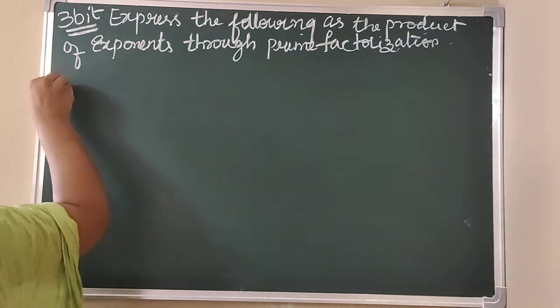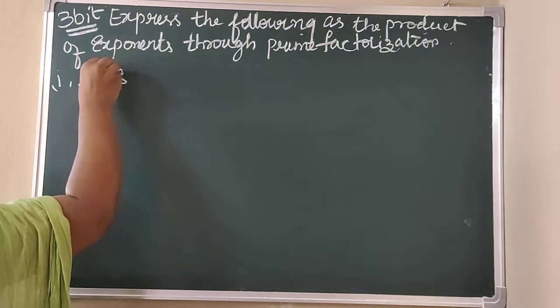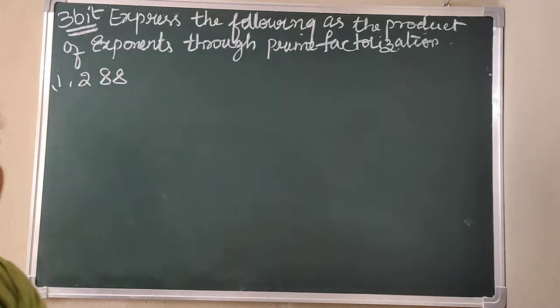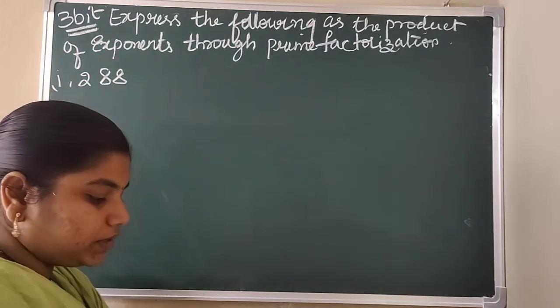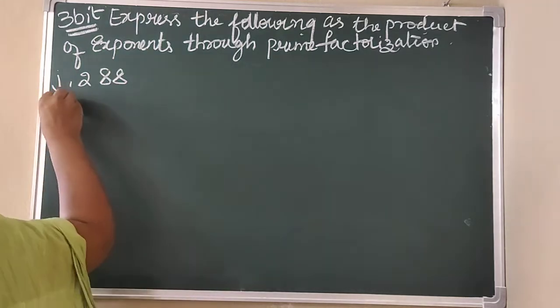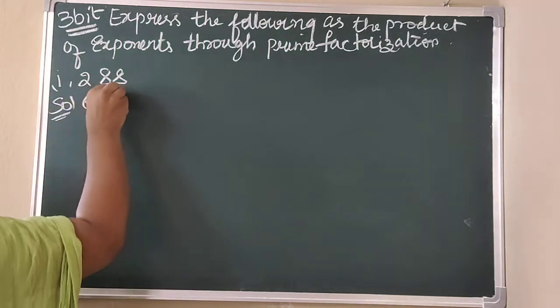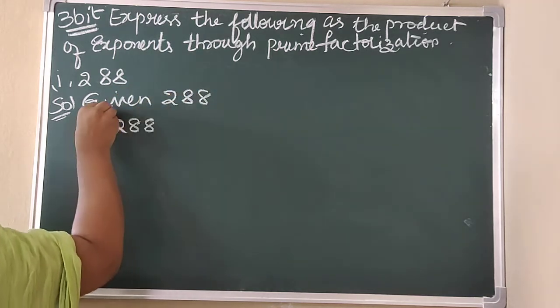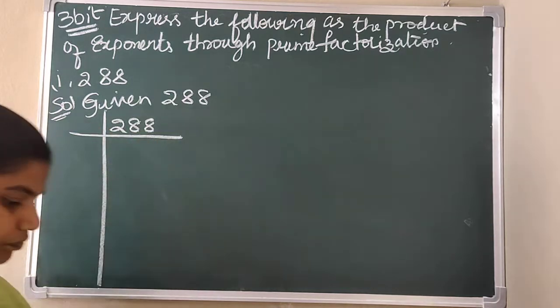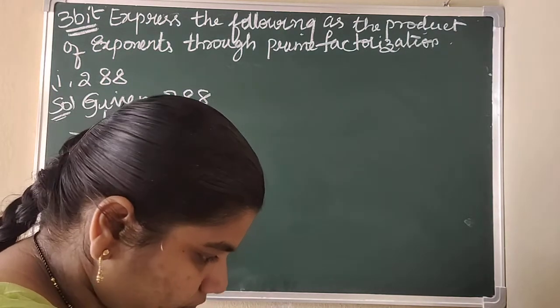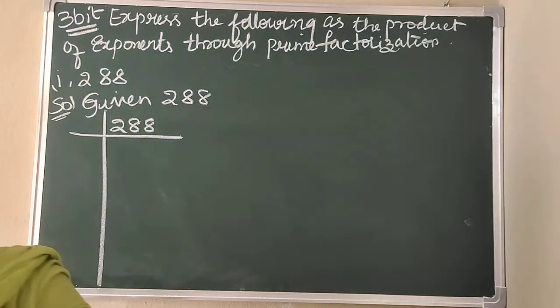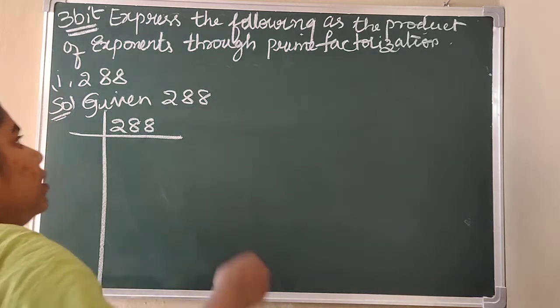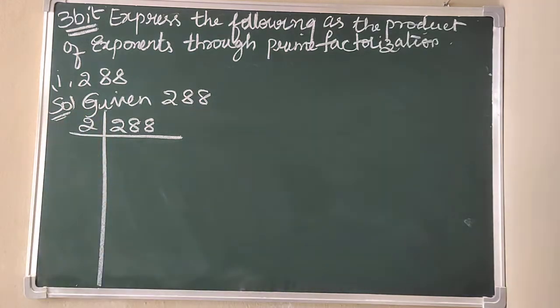So first one in that, 288. So this 288 we have to convert into prime factors. How to convert into prime factors? By using prime factorization. So here given 288. So 288 we have to convert into prime factors first. So here it will go in the 2 table.